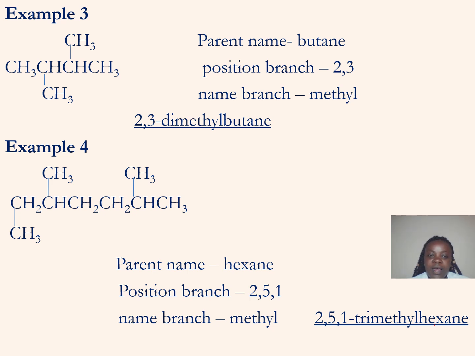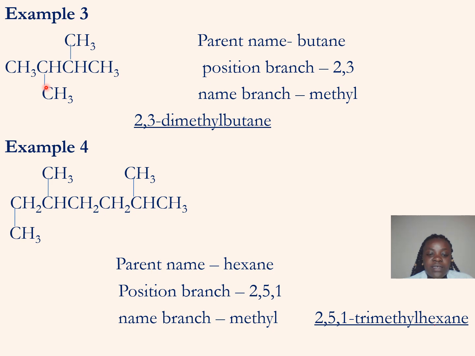So also that one will have the longest carbon chain to give us butane. Also from this right side, we can count 1, 2, 3, 4. So if we decide to count from any side, it will give us 4 carbon atoms for the longest chain. So the parent name is butane.